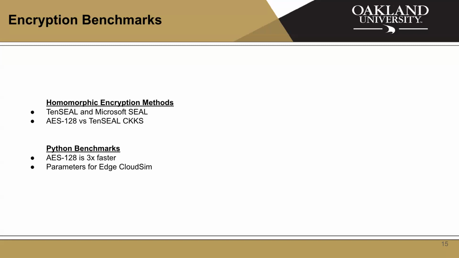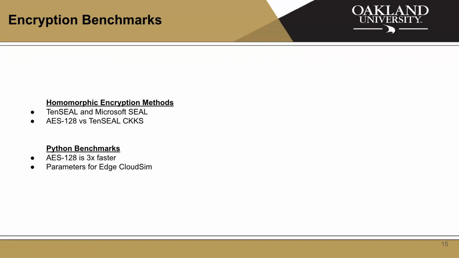So to obtain the parameters for the simulation, we need to obtain the computational requirements for the encryption methods in mind. So our first decision would be to pick the homomorphic encryption algorithm that we wanted to use, the one that would have minimum latency. And so we ended up picking Tensile, which is based off of something Microsoft made, because Microsoft has their own homomorphic encryption method called SEAL, which is pretty popular.